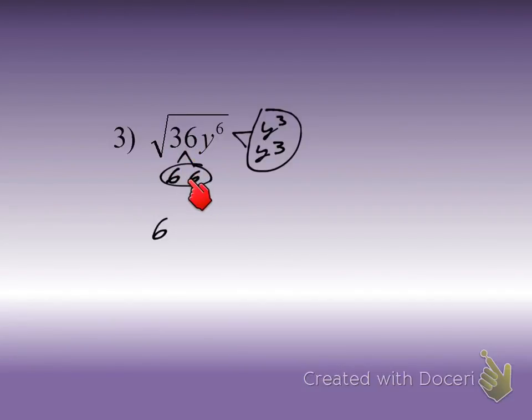Same thing with your exponents, same thing with your variables, except you have to take into account your exponent rules from Chapter 5. Because if we're going to put these back together, we're going to do it with multiplication. And y to the 3rd times y to the 3rd gives you y to the 6th. So you have to account for your exponent rules with your variables.